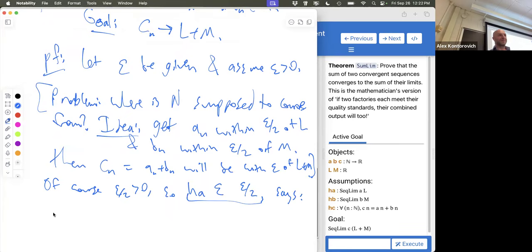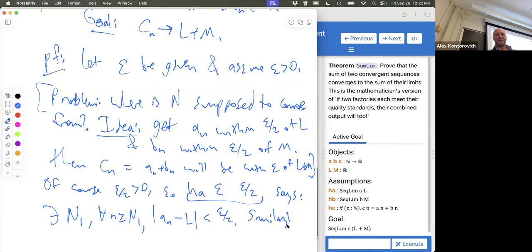Daniel: yep. Let me be a little pedantic and call this N1. There exists an N1 so that for all little n greater than this N1, the distance between an and L is less than epsilon over 2.